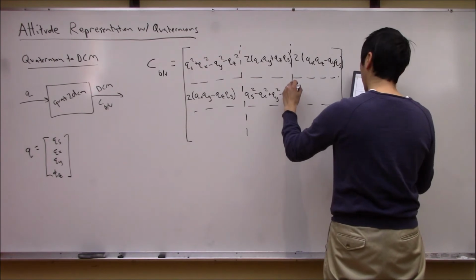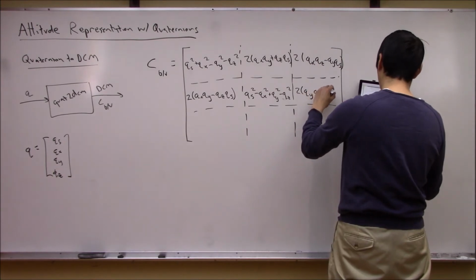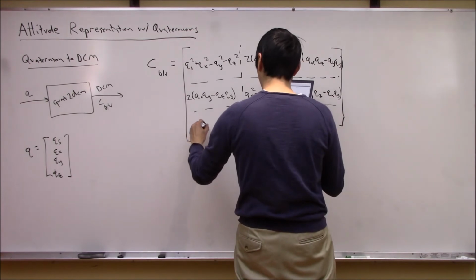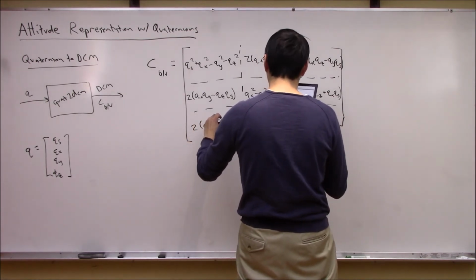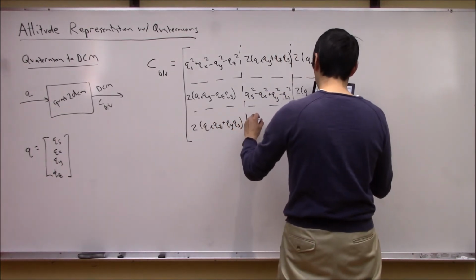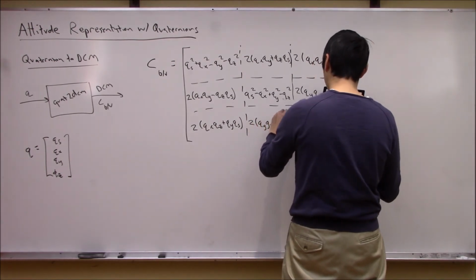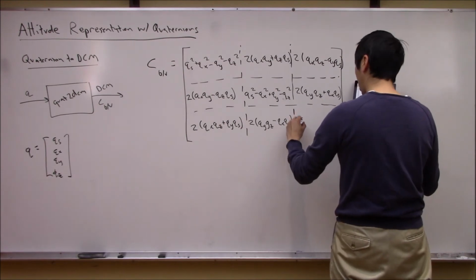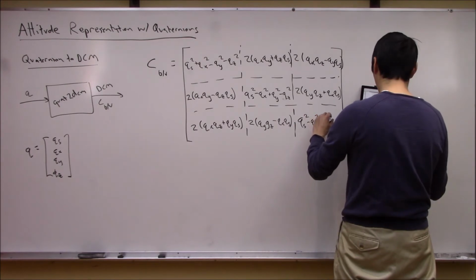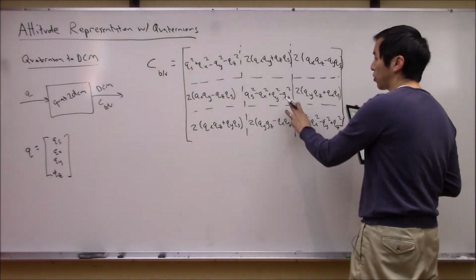This last one in the second row is 2 times QY QZ plus QX QS. Okay, and then row 3 is 2 times QX QZ plus QY QS. This element is 2 times the quantity QY times QZ minus QX QS. And then finally, the last element is QS squared minus QX squared minus QY squared plus QZ squared. So there you go. This is basically the way to take the quaternion and turn it into a DCM.